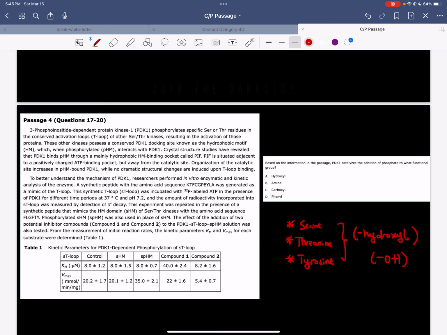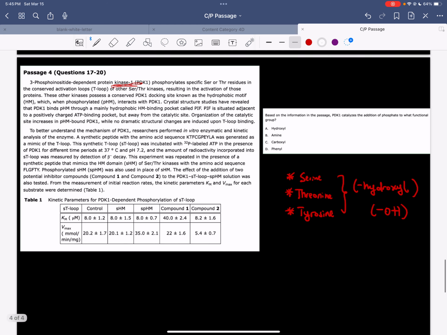Like I said, we have to first ask ourselves, what's PDK1? And just from the first skimming of the passage, I could see PDK1 mentioned. That is the 3-phosphoinositide-dependent kinase. I don't need to know whatever this alphabet soup is. The most important thing is that it's called a kinase.